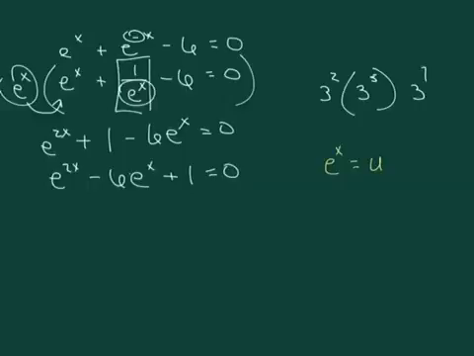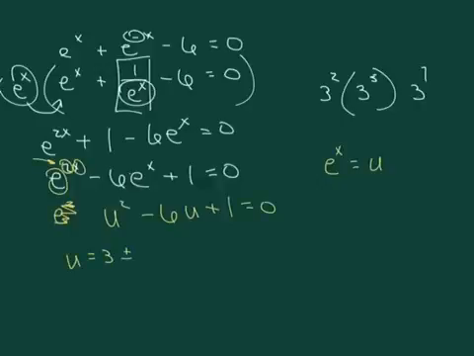We can just look at it as an equation. This is going to be u squared, because the e to the x is u, and then squared, minus 6 times u, plus 1 equals 0. So we solve that using the quadratic formula, and we get something crazy like 3 plus or minus 2 square root of 2.